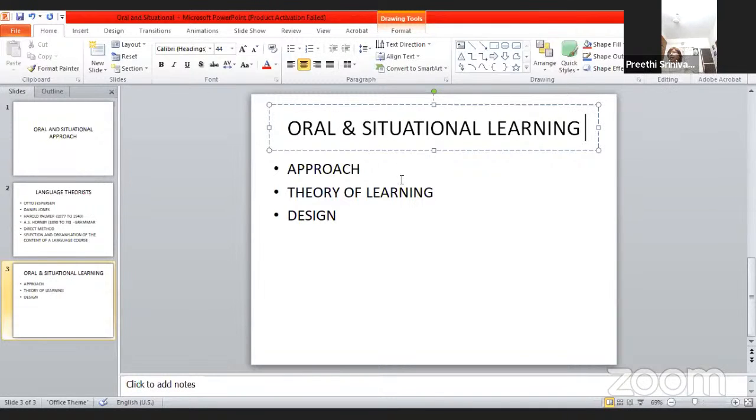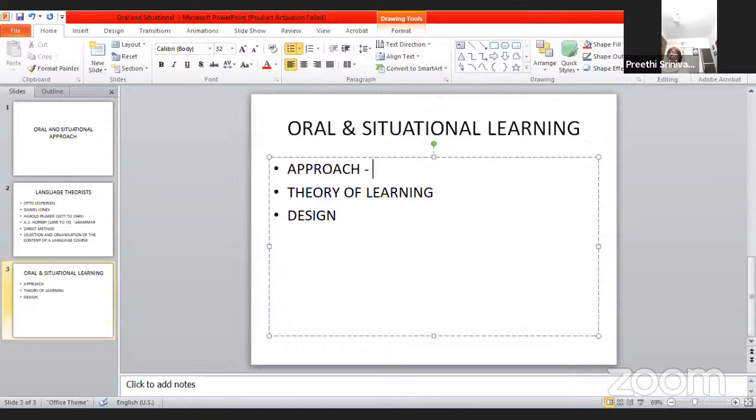Now, every approach involves a theory of language. So, what do you think about language? What is language? How do you theorize on language? In relation to situational language teaching, the theory of language is characterized as structuralism.